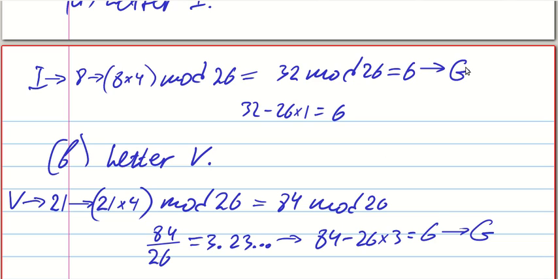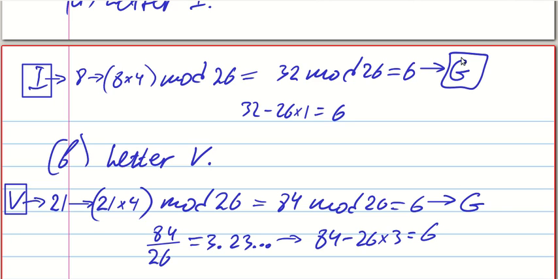Look, what's the problem? The problem is that letter I would be coded with letter G, and letter V will be coded with letter G. So what's the problem? Two different letters, I and V, go into the same letter G. So that means if you would want to decode, by the way, we didn't really talk how to decode yet.